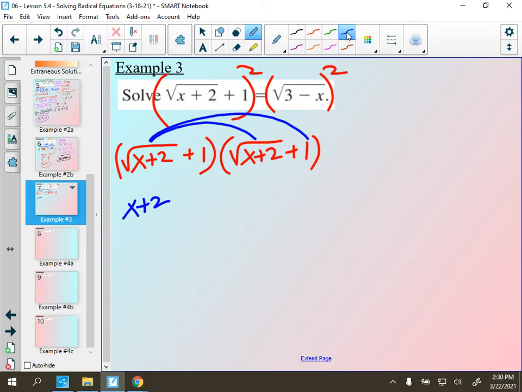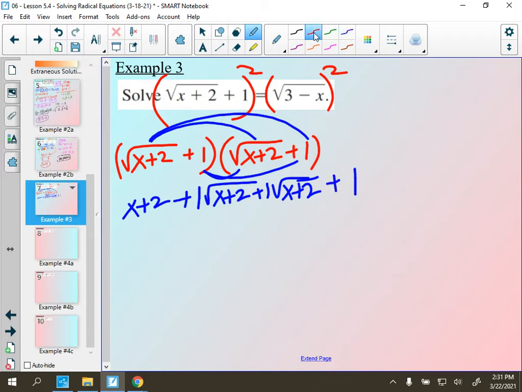I get one of these, so plus 1 times the square root of x plus 2. I'm going to get another one of those, plus 1 times the square root of x plus 2. And then all the way on the back end of it, 1 times 1 is 1.